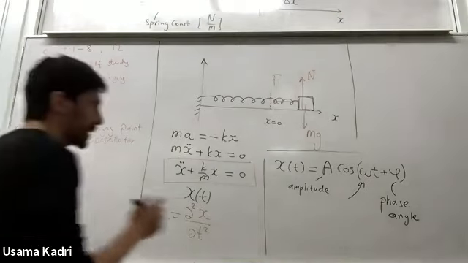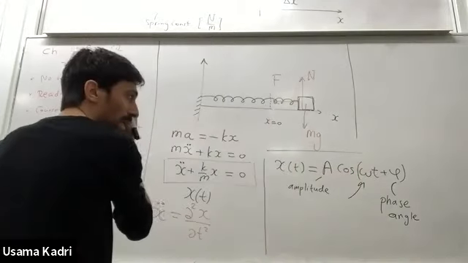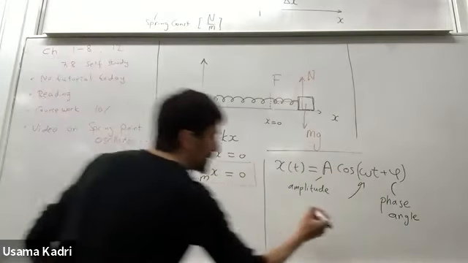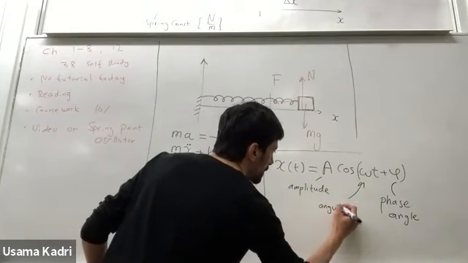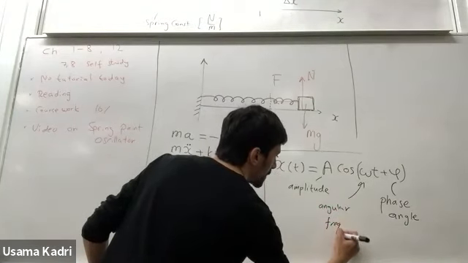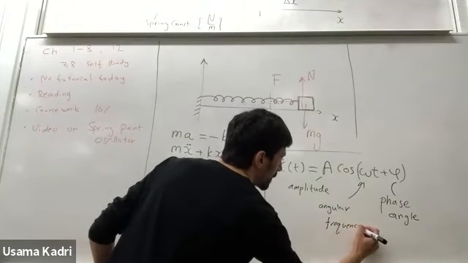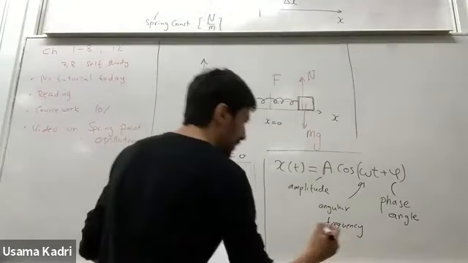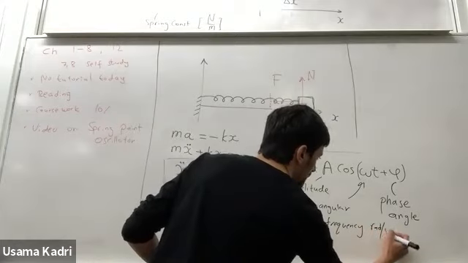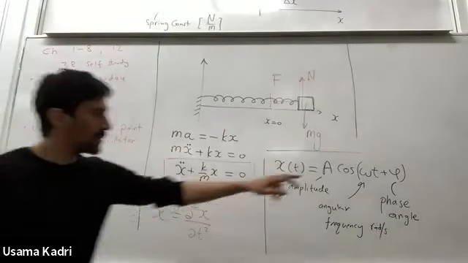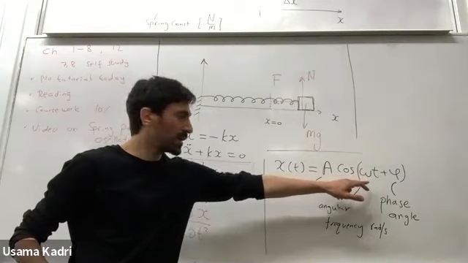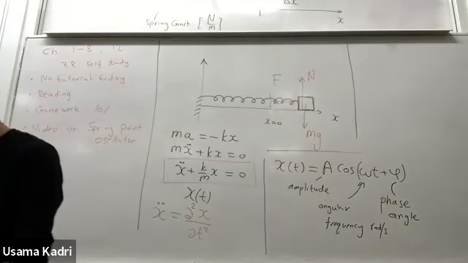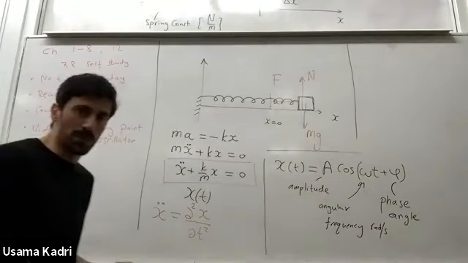So omega, I can write, omega is the frequency, the angular frequency. And that is measured in radian per second. Don't confuse omega, the angular frequency, with the angular velocity.